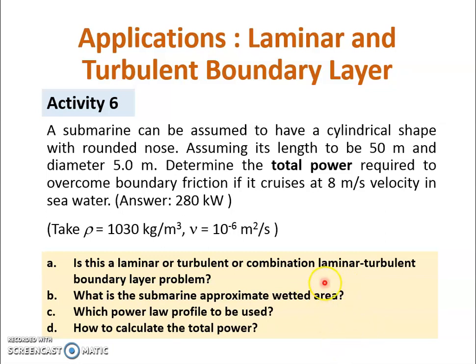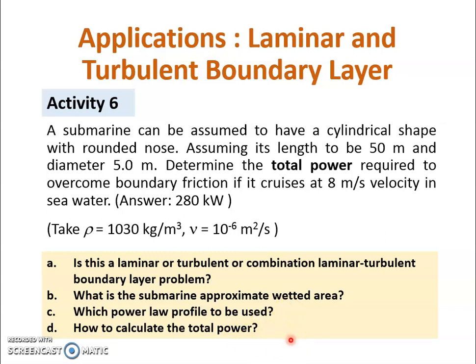The submarine wetted area is the surface area of the cylinder shape, so you can get it. When you calculate the Reynolds number, it falls under n equal to 9. This one you can also go back to the previous lecture notes or refer to the textbook. How do you calculate the total power?